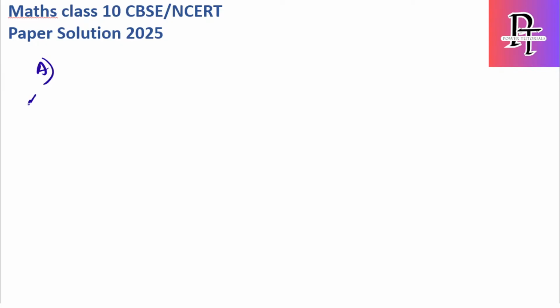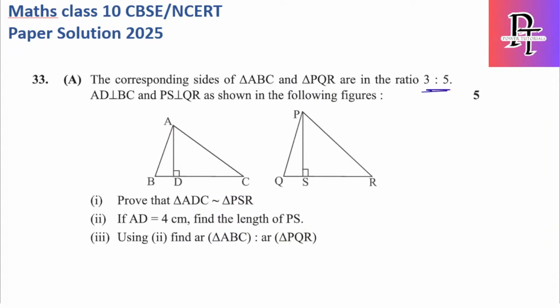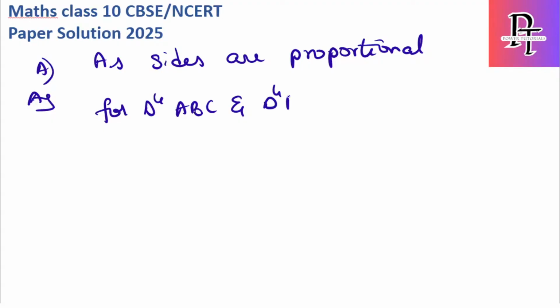For A, answer, first step is as sides are proportional for triangle ABC and PQR, we can say that triangle ABC is similar to triangle PQR, and in brackets we can write SSS property.